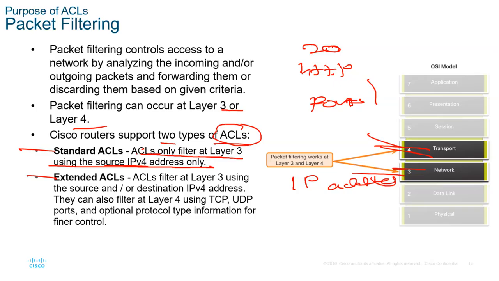When it comes to extended, it filters at layer 3 using source or destination, meaning you have to specify both the source and the destination. In standard, you specify the source address only.